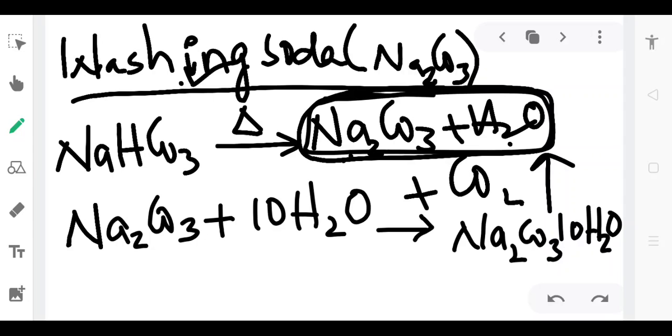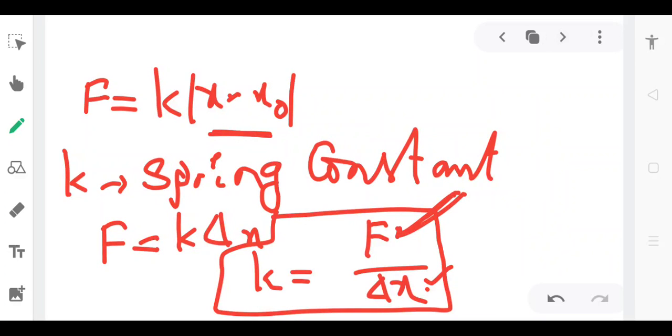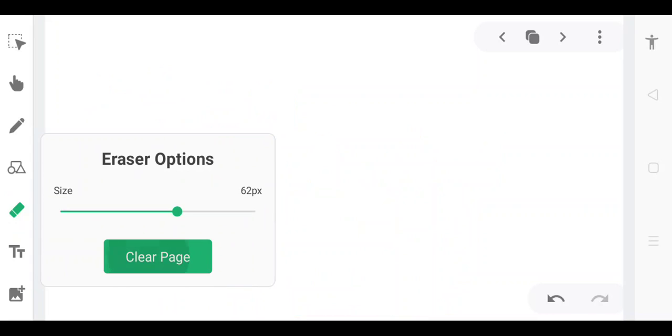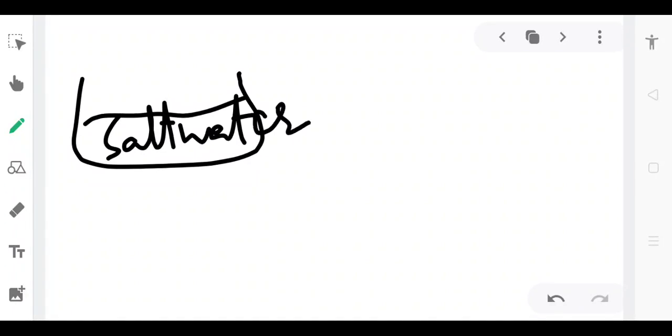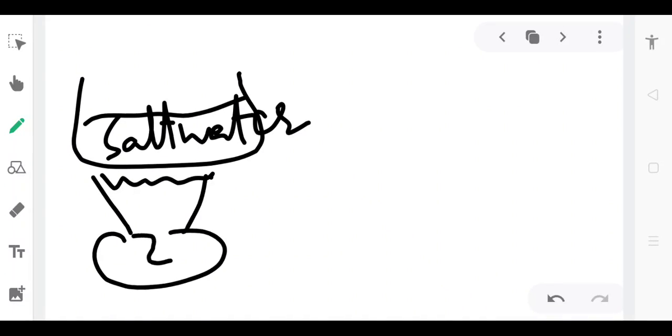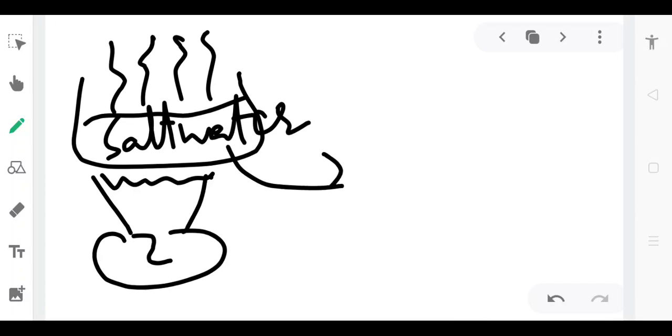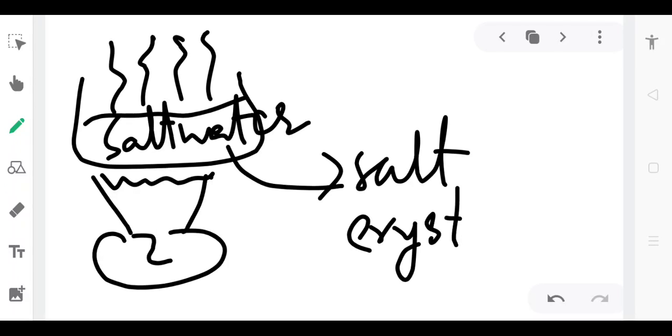If we crystallize, for example, if you are heating salt water, taking some salt water in a bowl and heating it, then the total water will evaporate and the leftover substance will be salt crystals. These are sodium chloride crystals.